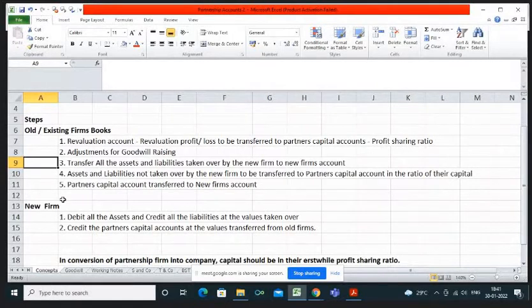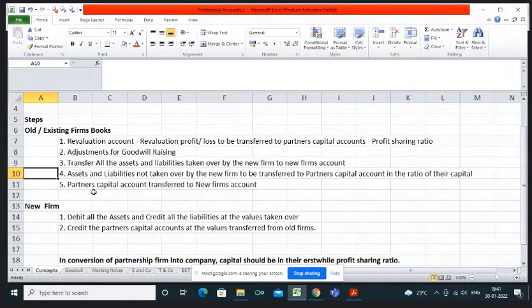All our assets will have a debit balance, so we have to credit all the assets and debit the new firm. The liabilities will have an existing credit balance. We have to debit all the liabilities and transfer the balance to the new firm. In this way, all the assets and liabilities taken over by the new firm will become zero in the existing firm's books.